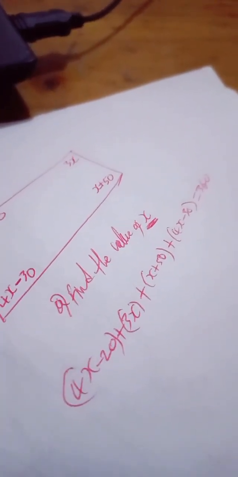So we are going to say take 4x minus 20 plus 3x, put it in brackets, plus x plus 50 plus 4x minus 30, and then you are going to say is equal to 360 degrees. The moment you do things like this, the first step, you are good.